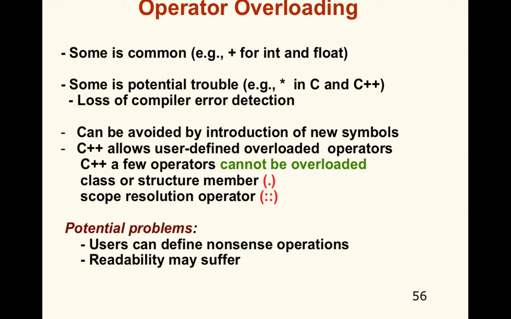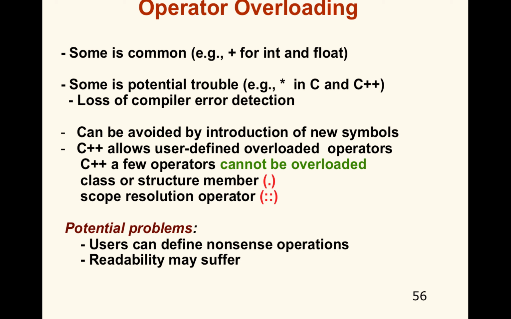You can't overload the class or structure dot, and you can't overload the scope resolution operator, because then the entire concept of the C++ language would fall apart. In Java, you can't overload any operators at all. It's just not allowed, and there's really no reason to have to overload operators.